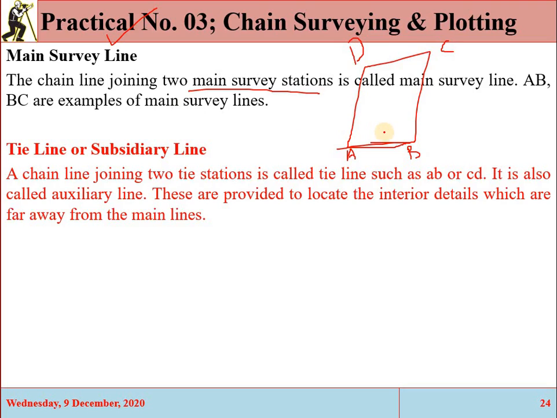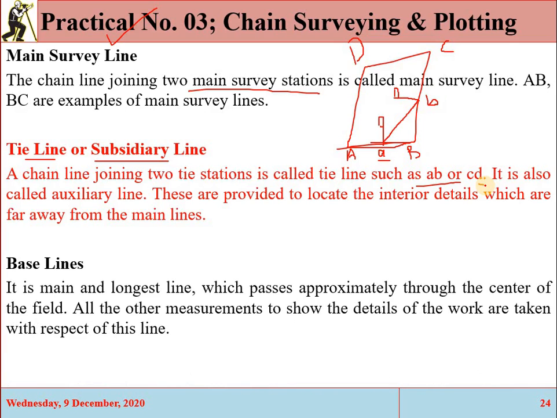And see, for example, if here we have some detail which we have represented from AB line, for example, that is represented with respect to A tie station. Suppose here we have some detail which is represented with respect to BC line from B tie station. Now the line which joins these two tie stations, this is called tie line, or this is called subsidiary line, okay, and that will be represented by small letters, okay.